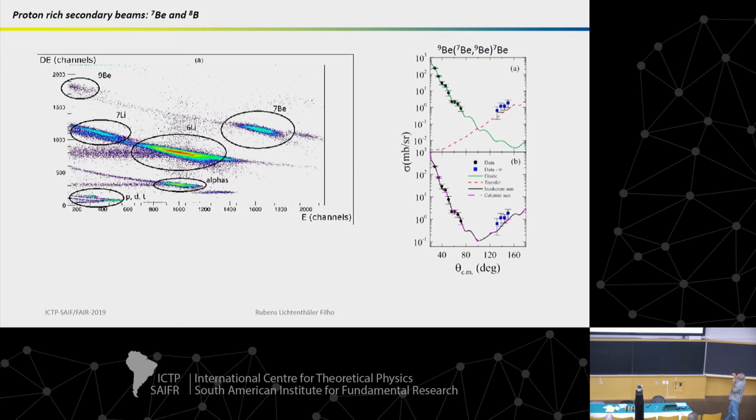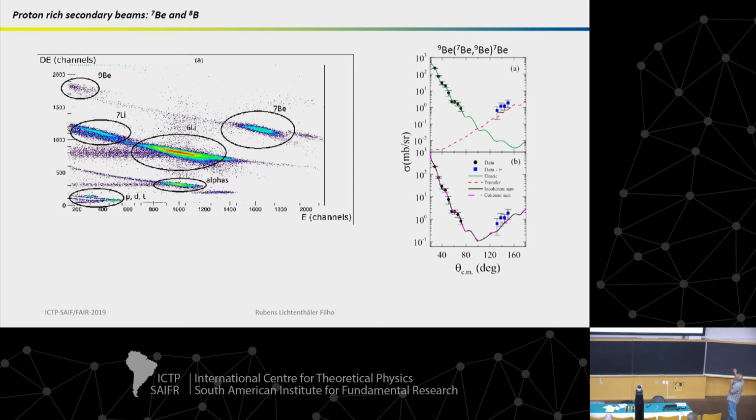This is an example of the angular distribution obtained for the beryllium 7 plus beryllium 9 scattering. So it corresponds to this spectrum here. Here, the beryllium 7 is the beam. If you detect the beryllium 7 at 4 angles, you have elastic scattering, an angular distribution.